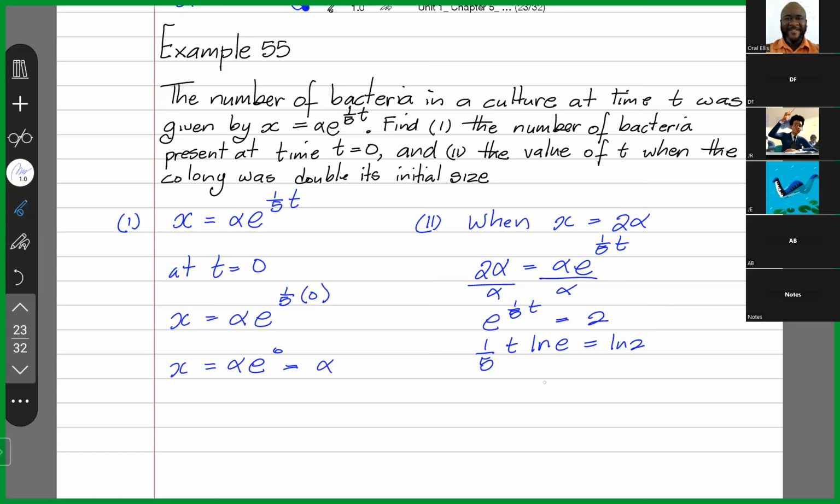Now ln e is 1, so I'm going to have 1/5 t, which is the same as saying t over 5, is equal to ln 2 over 1. Cross multiply to eliminate the fraction, and I'm going to get t is equal to 5 ln 2. I will just put that in my calculator and press equal. So can somebody tell me what they get?